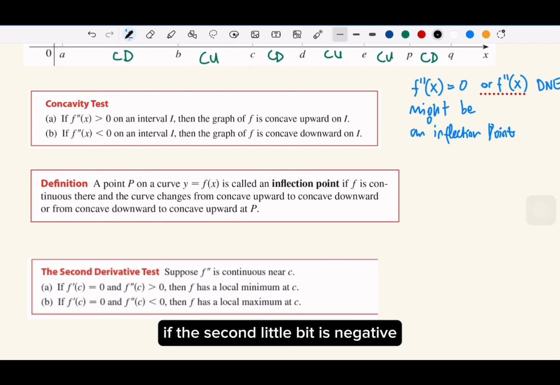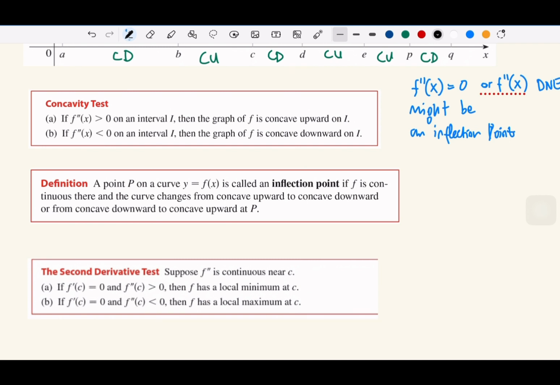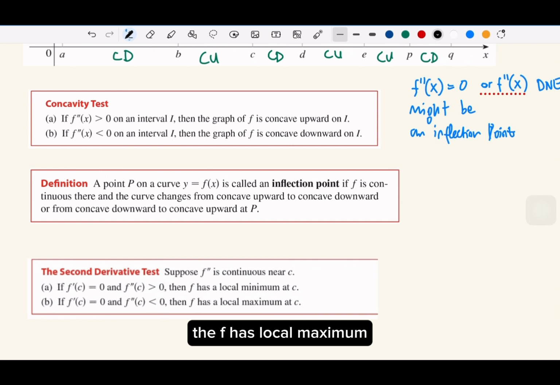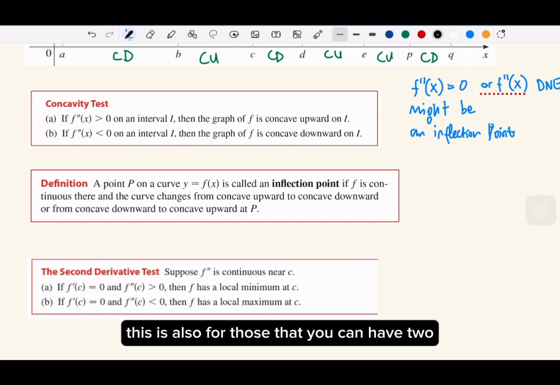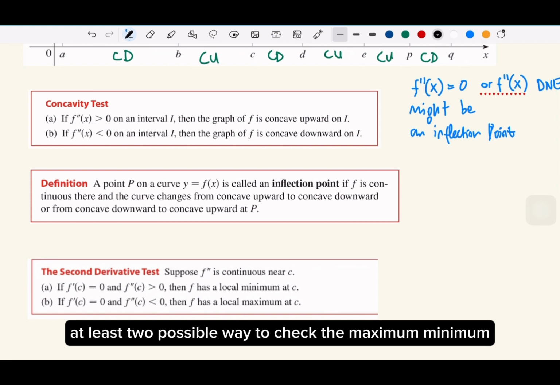If the second derivative is negative, f has a local maximum. This is also true.